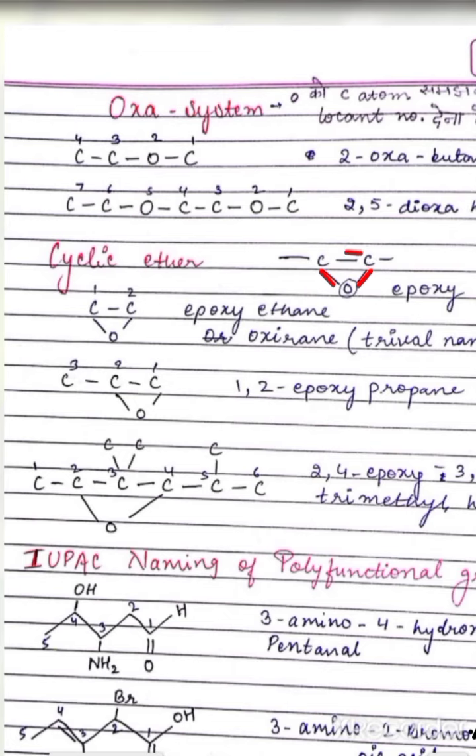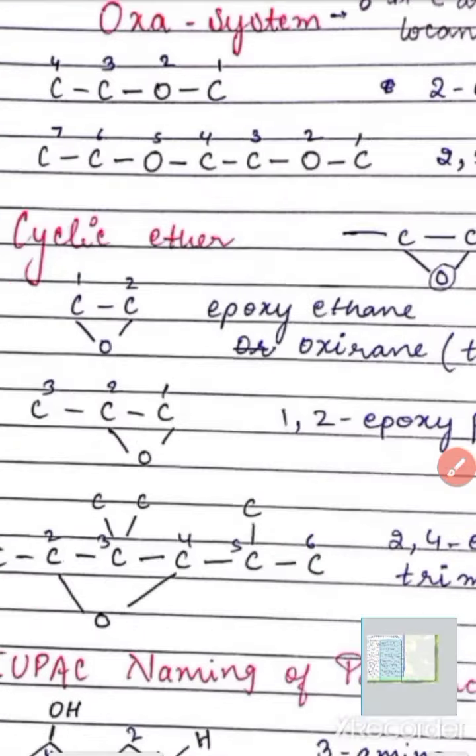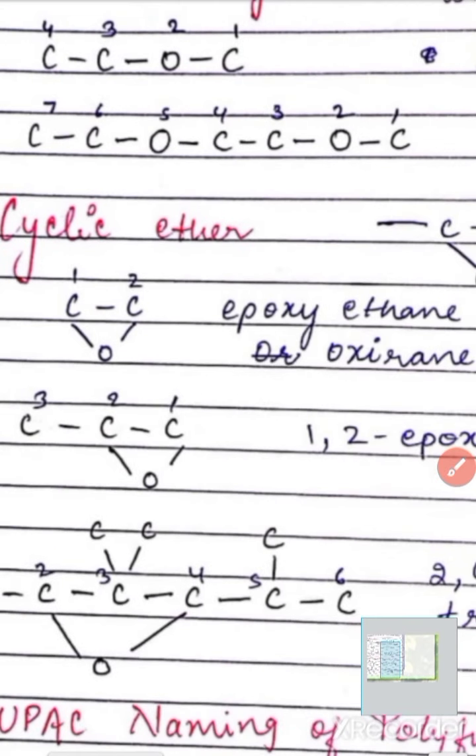In between this we can have more carbons, like in this example we have 3 carbon atoms, so it's possible, but it should form a cycle like this. This is a cycle or a ring.